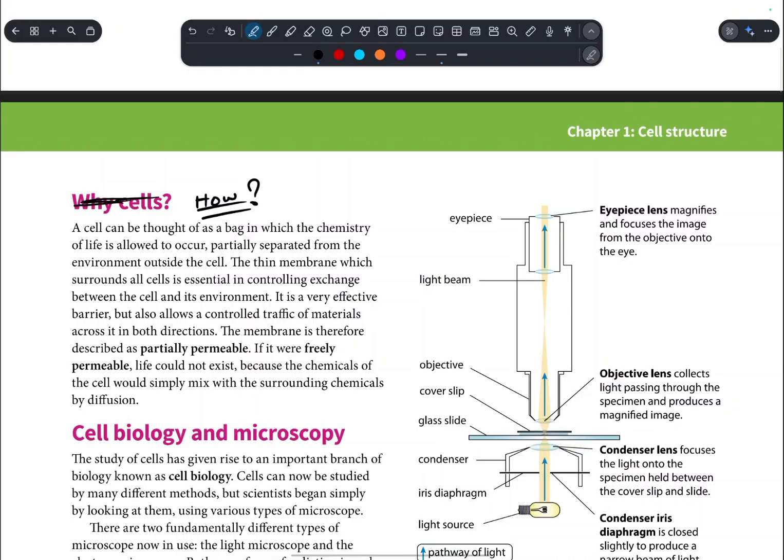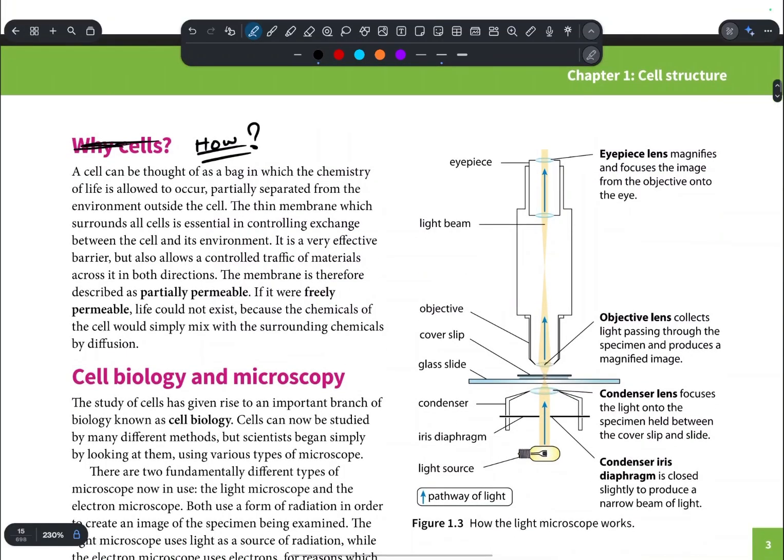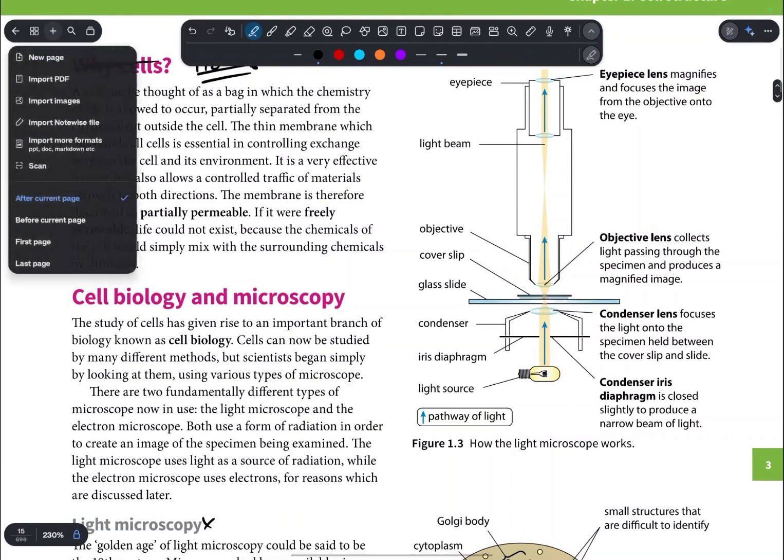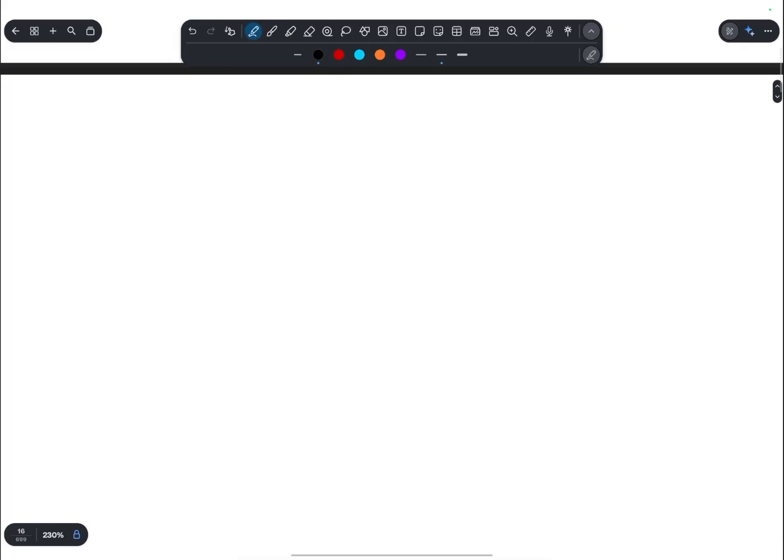A cell can be thought of as a bag in which the chemistry of life is allowed to occur. So what is a cell? A cell can be round, maybe rectangular, in many different shapes.